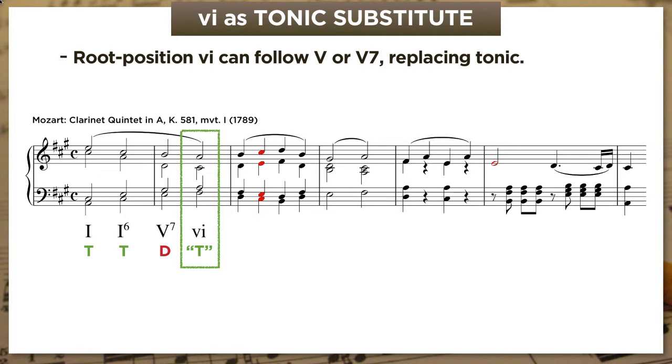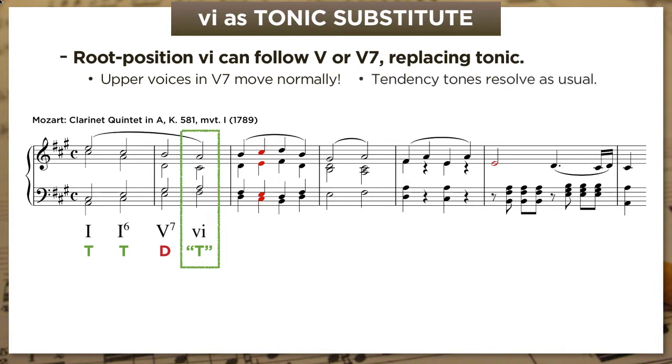And one of the reasons that the music flows so naturally into 6 here is that the upper voices of 5/7 move just as they would have if we had gone to tonic. Most importantly, the tendency tones of 5/7 resolve just like they're supposed to. The leading tone G sharp in the tenor voice goes up to tonic, just like it should.